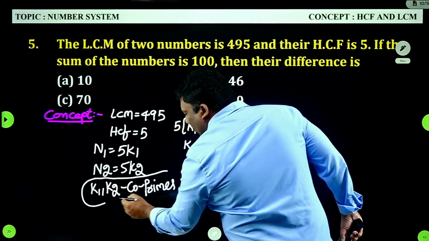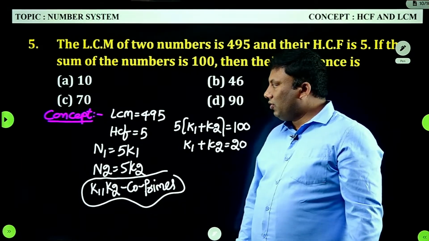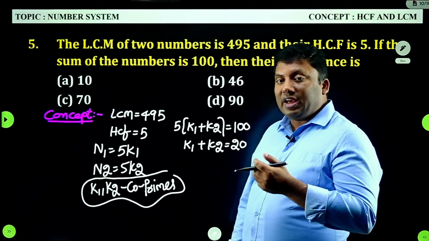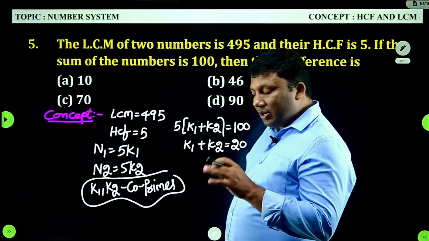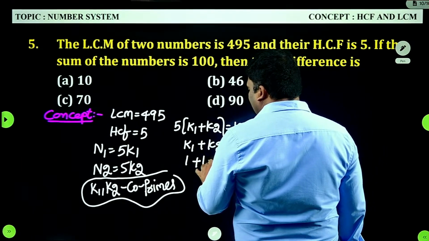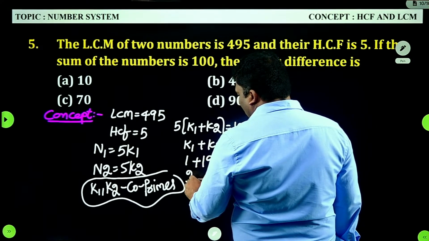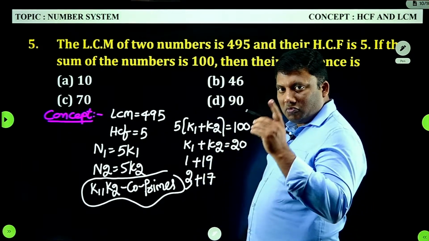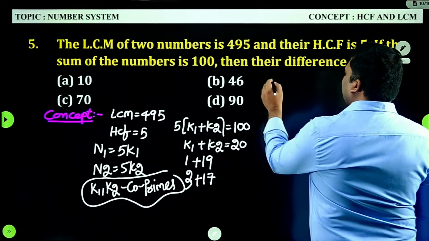Don't forget this concept: K1 and K2 are co-prime numbers. LCM is given, HCF is given, N1 is 5K1, N2 is 5K2, K1 and K2 are co-primes. So how many ways can I write? 1 plus 19. Next one, 3 plus 17. Now, instead of keeping on writing it, there is a beautiful concept, sir.